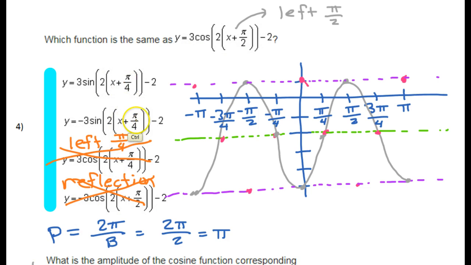Now, both of these sine graphs have a plus pi over 4 right here. That means they both go left pi over 4. Okay, that means that they will both start right here at negative pi over 4. Remember that the sine function starts at the midline, and then normally it goes up and then back down.